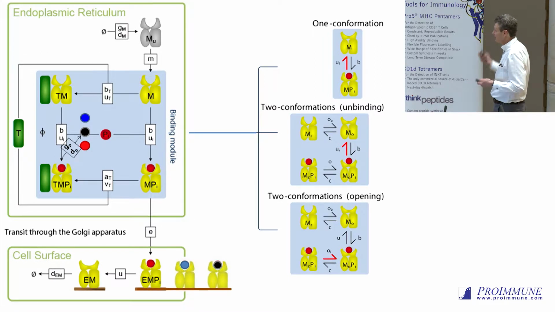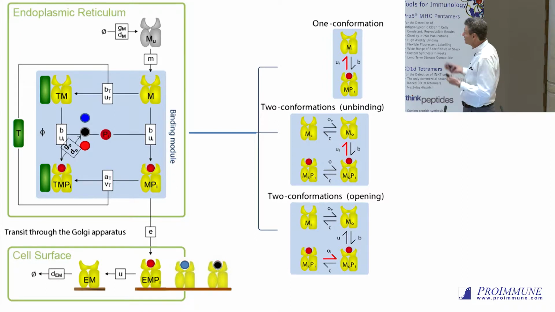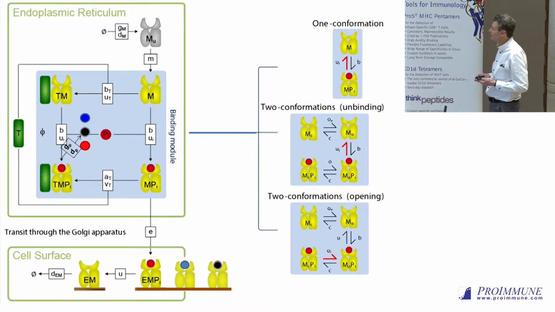I can't pass on without mentioning, though, that we've also used it to investigate the mechanism of peptide selection. As I say, this is a completely separate lecture. But the bottom line is that the best models fitting the data include a two-state model of MHC class 1, an open and a closed, to use shorthand.